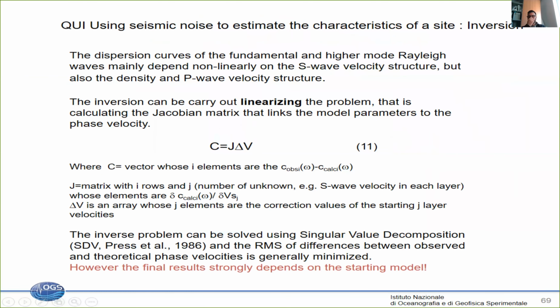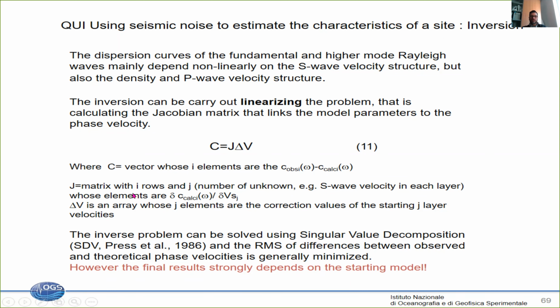In this case, we can linearize the problem once again, where I have a vector, which is my observation. In reality, my observation, like the travel time before, is the difference between the observed phase velocity and the one that I can calculate for a starting model of the underground, that I can just guess.